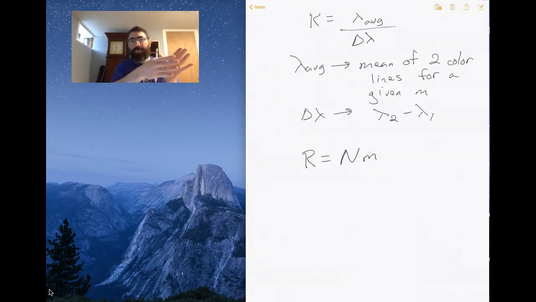If you can really swing the spectrometer arm to a large angle, then you're going to spread out the reds from the blues and the greens over at m equals 2 more than you would at m equals 1. Of course, the problem then is the intensity drops when you go to larger m, but you can also maybe separate those much better. So it's a trade-off when trying to design one of these spectroscopy experiments.